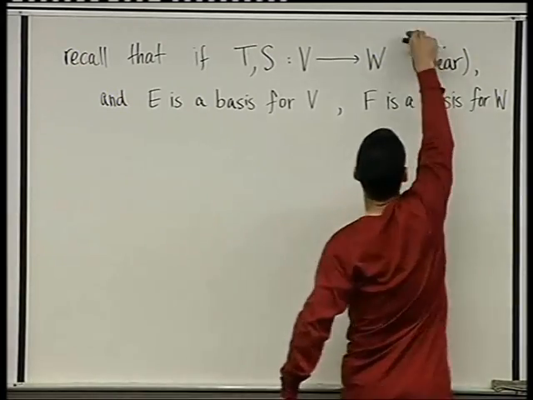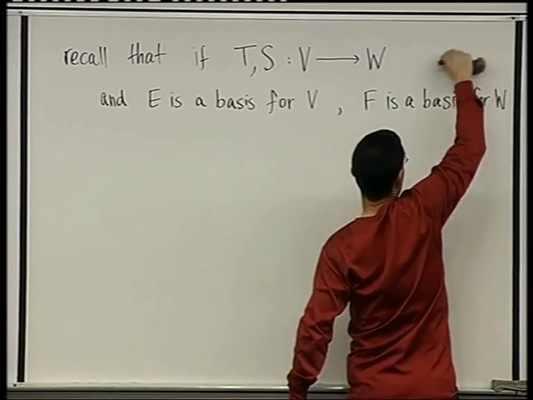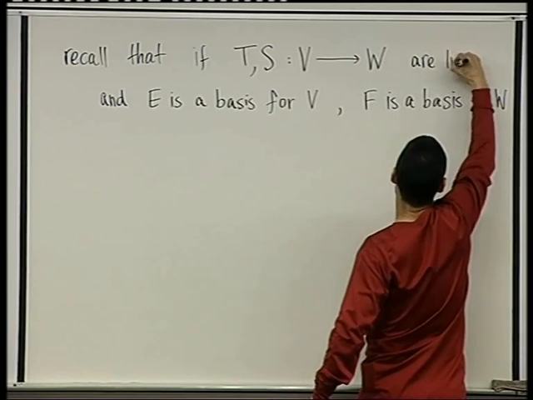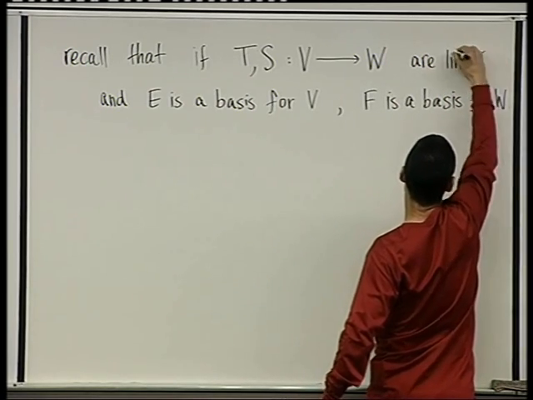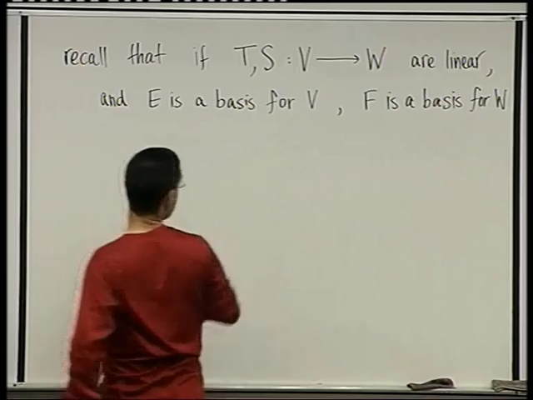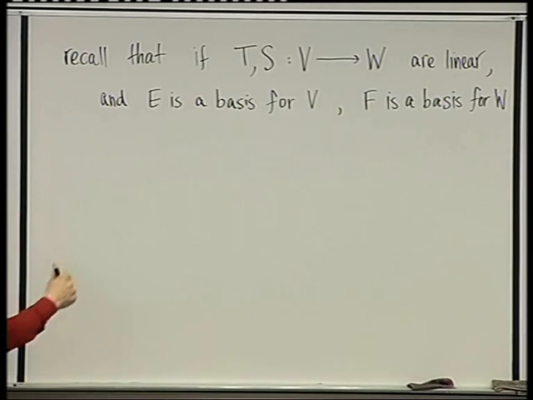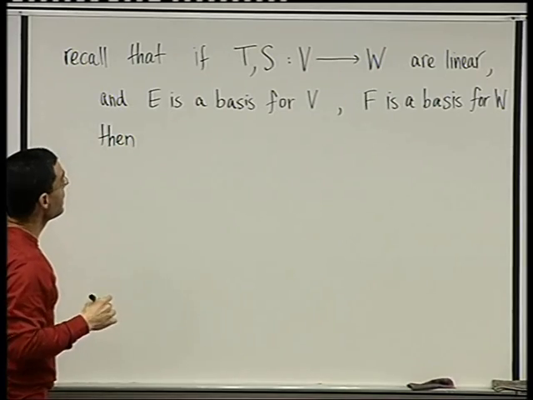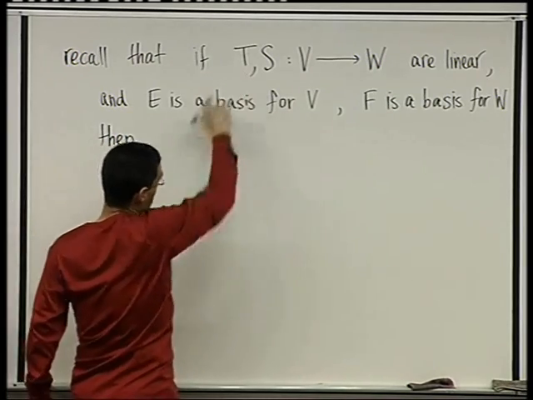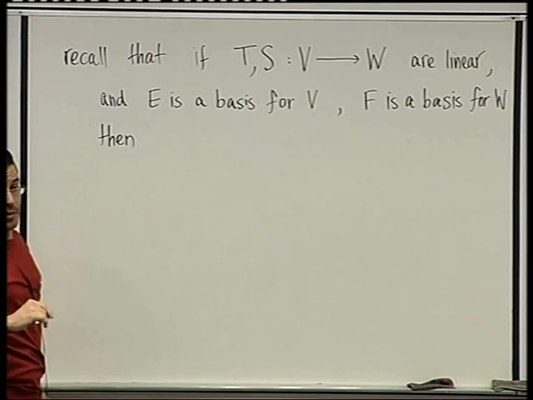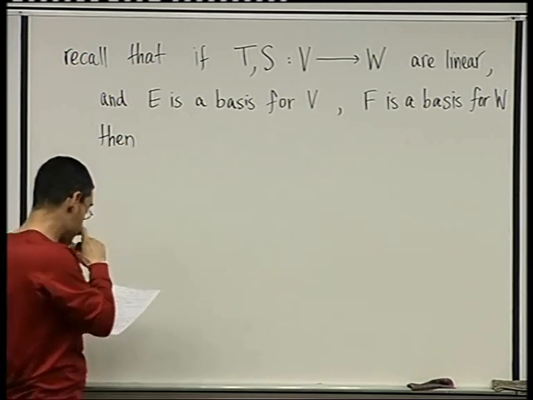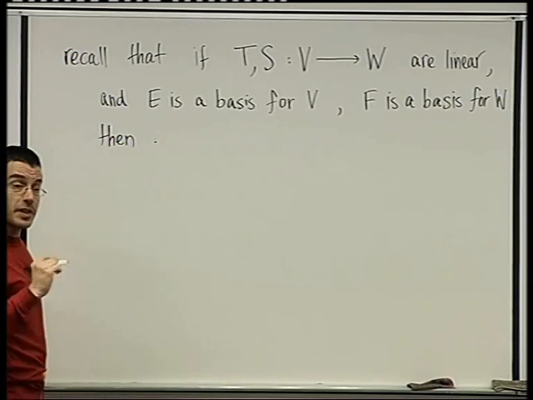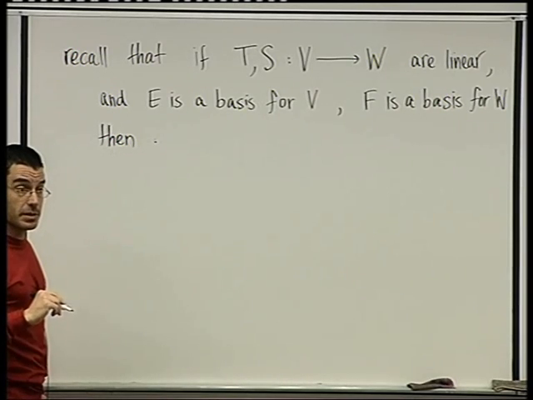If T and S from V to W are linear, and E is a basis for V and F is a basis for W, then we can take the matrix representation of T and of S and of the sum T plus S, right?